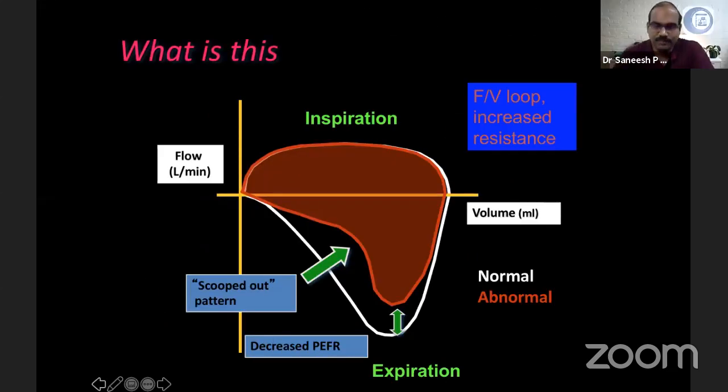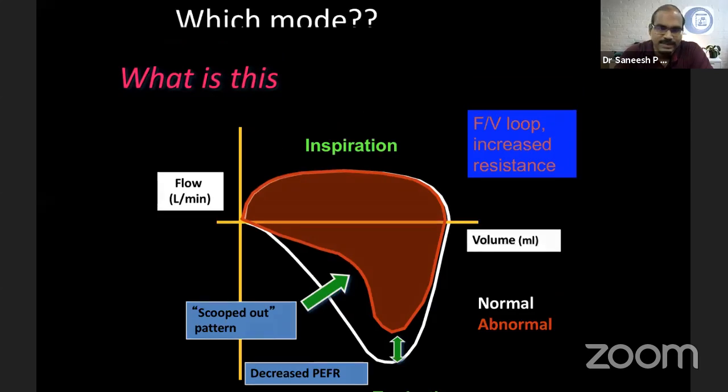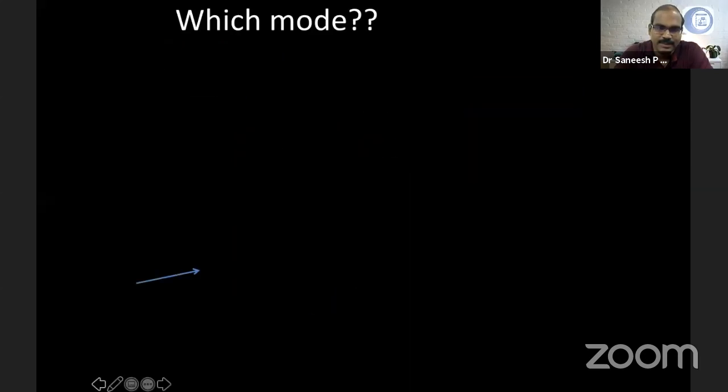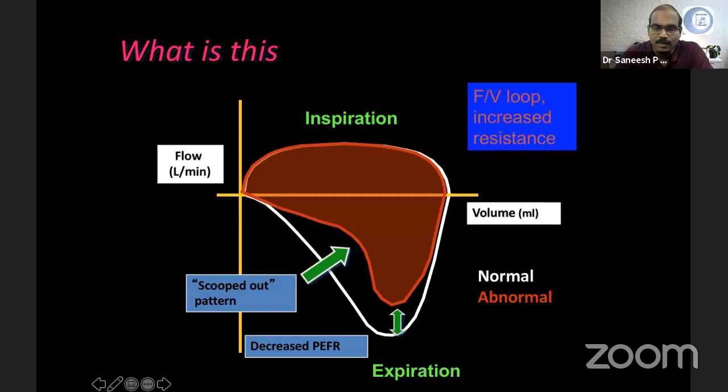From this flow volume loop, some ventilators will allow you to retain a control flow volume loop also, so you can compare. Otherwise, you have to go to the trend and find out the trend in the peak expiratory flow rate. A reduction in the peak expiratory flow rate says there is expiratory flow limitation, which happens probably in COPD or acute bronchospasm.